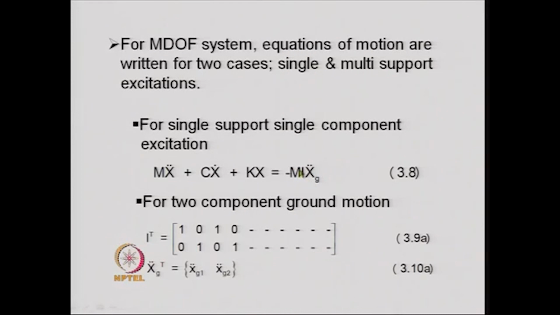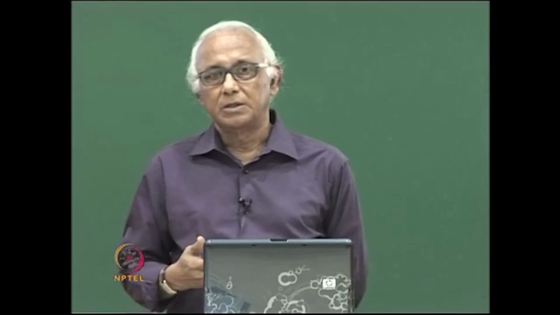Now, this influence coefficient vector I can take up different forms. For that, we can look at different kinds of problems, but before that let me also tell you that when you are solving a multi degree of freedom system subjected to ground motion, then we categorize them into two distinct categories.